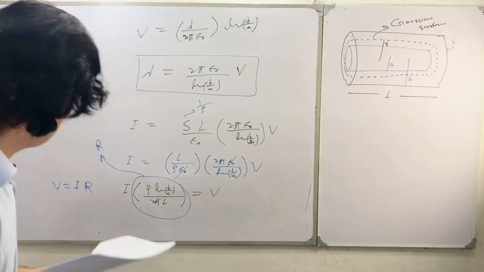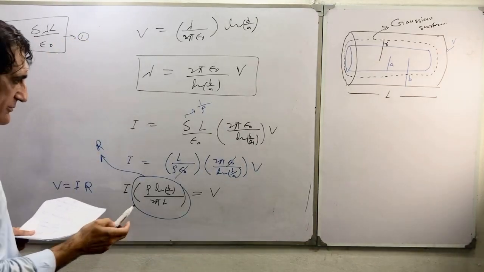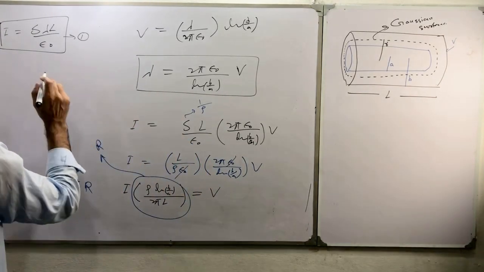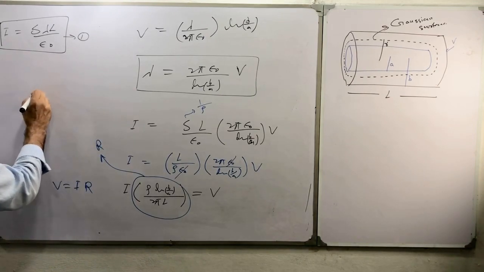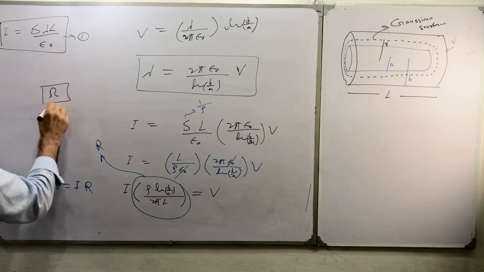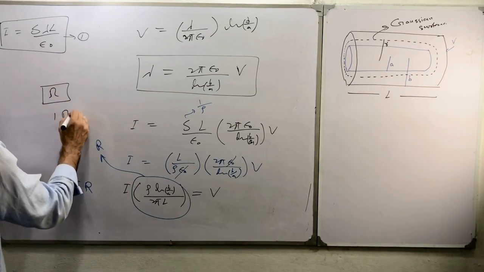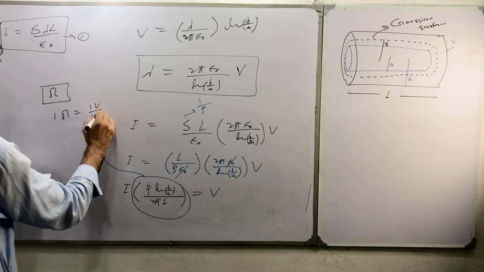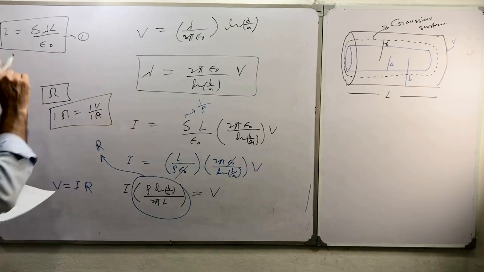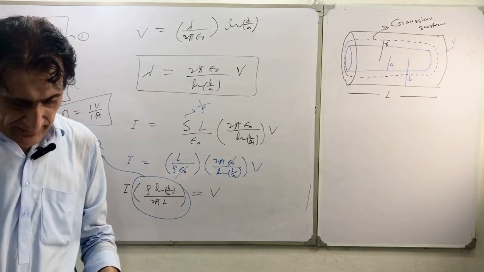You are familiar with resistance being measured in ohms. This is called the ohm, and 1 ohm is equal to 1 volt per 1 ampere. So we can define the ohm like this.